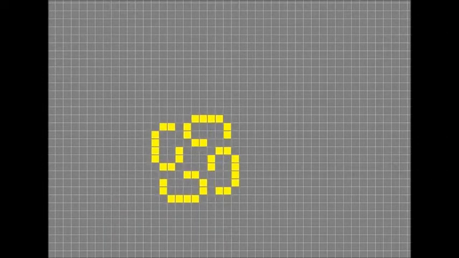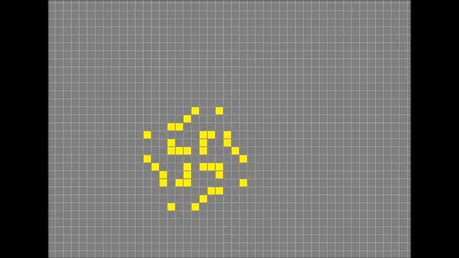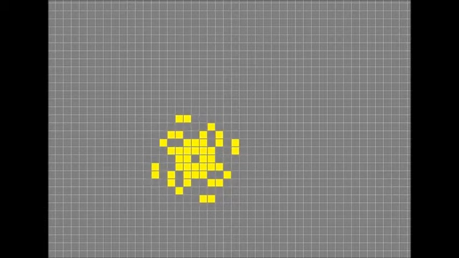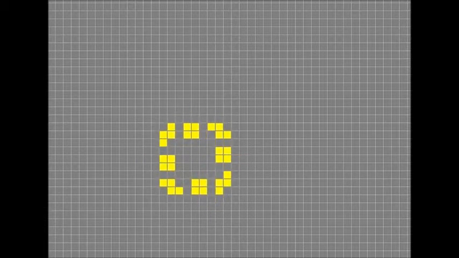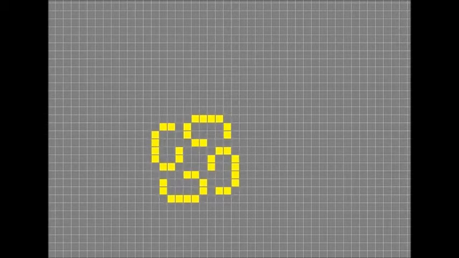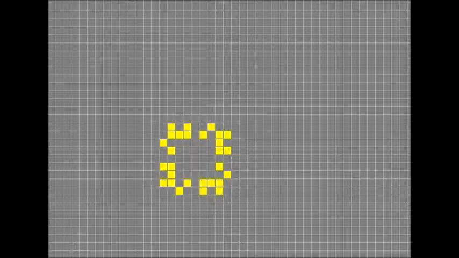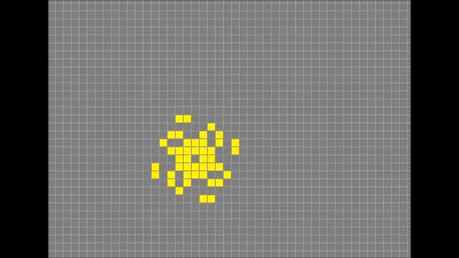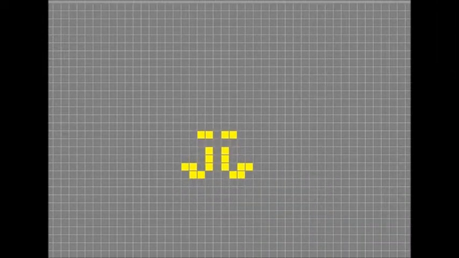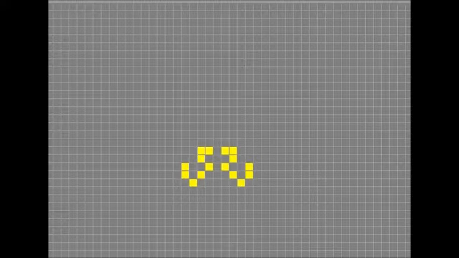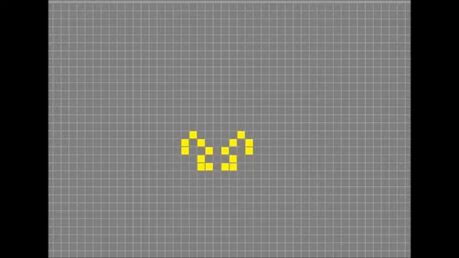An 8-generation oscillating pattern can be found in the galaxy structure. This structure is known as the tumbler and takes 14 generations before returning to its original starting position.